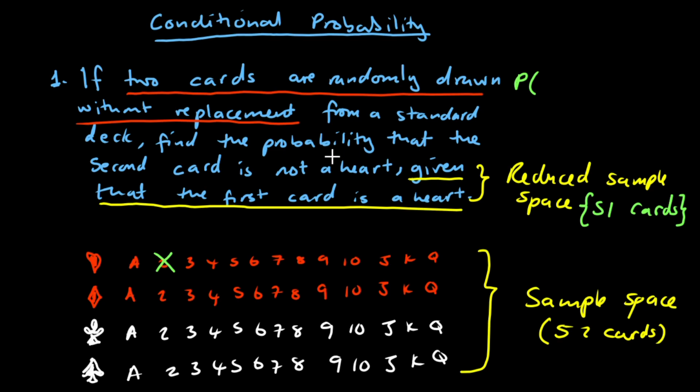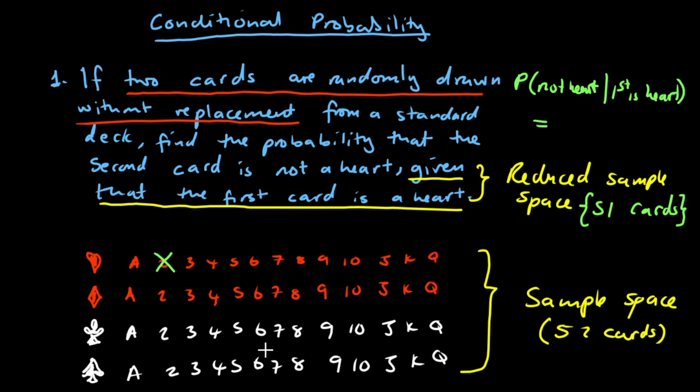The probability that the second card is not a heart, given that the first card is a heart. I'm just trying to shorten it: first is heart. What is that probability?